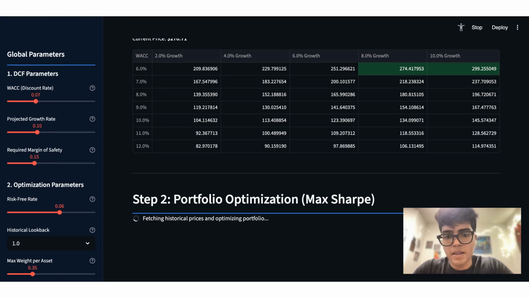No financial model is complete without acknowledging its limitations, and I want to be genuine here. DCF limitations: the intrinsic values are highly sensitive to growth rate assumptions. A 10% perpetual growth rate is aggressive for mature companies. For more rigorous analysis, you'd want to use a two-stage model, with higher growth for years 1 to 5 and a lower terminal growth rate thereafter, and pull growth rate estimates from analyst consensus rather than a single slider.